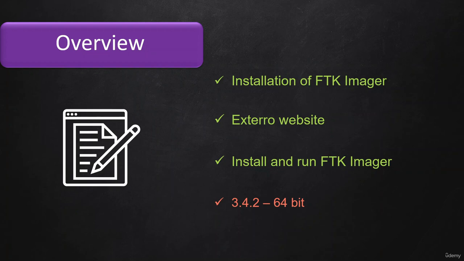If your system is 32-bit, you could download that version. If your system is 64-bit, you could download the 64-bit version. But starting from 3.4.2, FTK Imager is available only as a 64-bit application. So please use 64-bit applications.